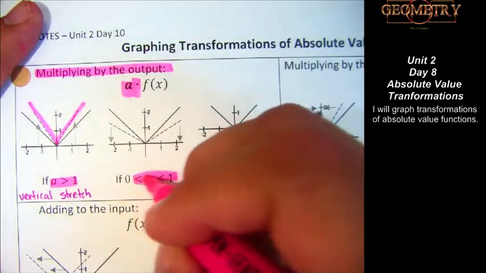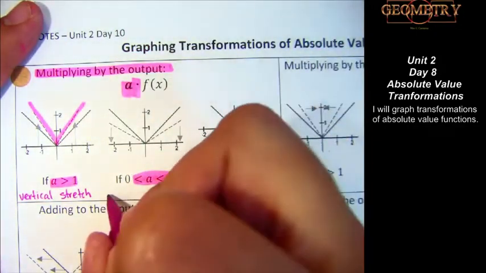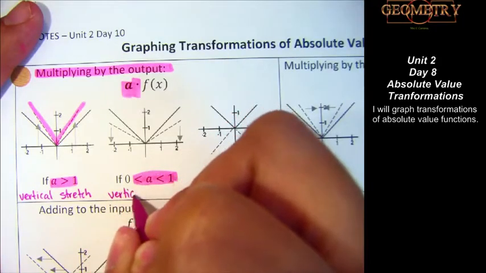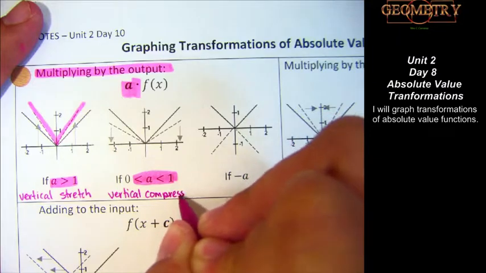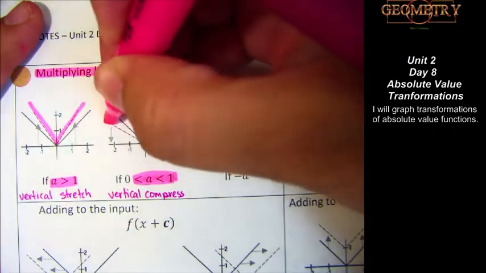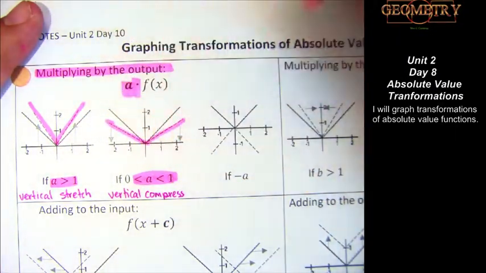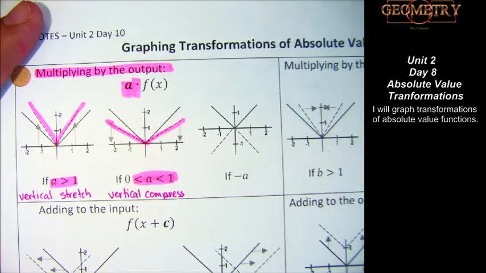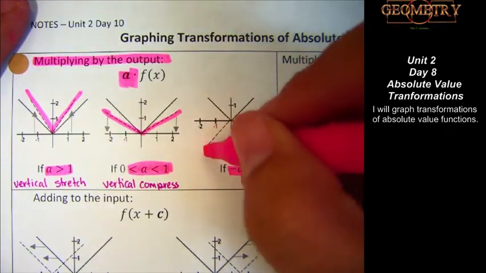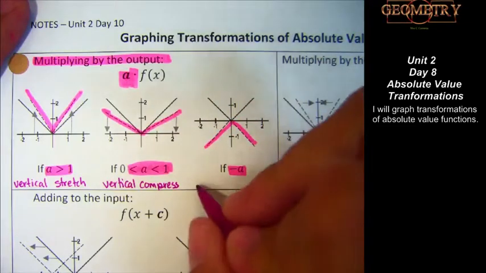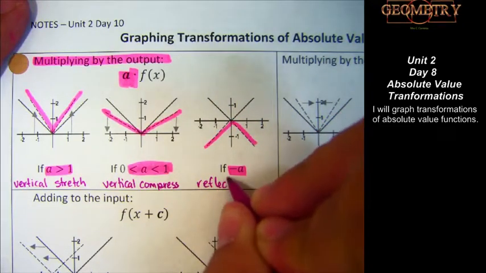If A is between 0 and 1, we have some sort of vertical compression, so our graph is going to get fatter. And if our A has a negative, we have that reflection happening in x.